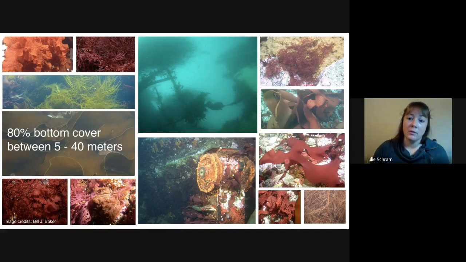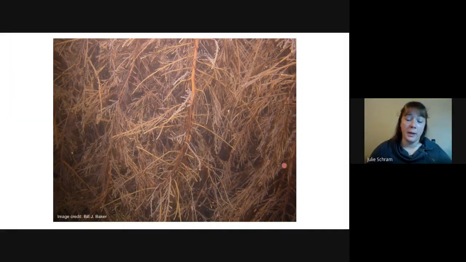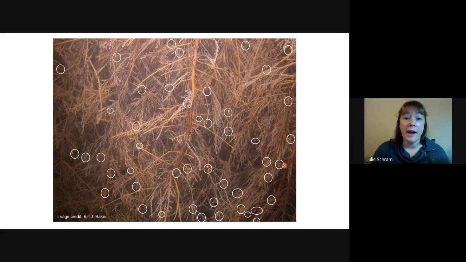There is often an understory of smaller red macroalgae. Within these big canopy-forming macroalgae, there are often lots of primary consumers. I'm showing you this image to highlight one of those species, Desmarestia. Within this picture, there are a lot of primary consumers, mainly amphipods. If you haven't already picked out some of these amphipods, I've highlighted them.